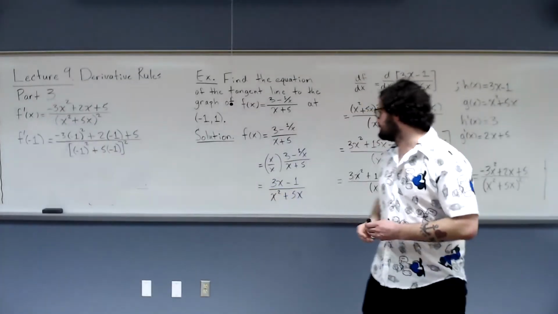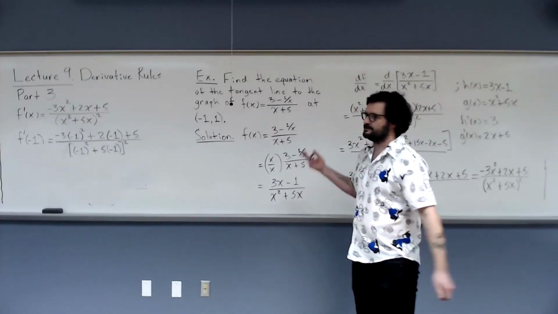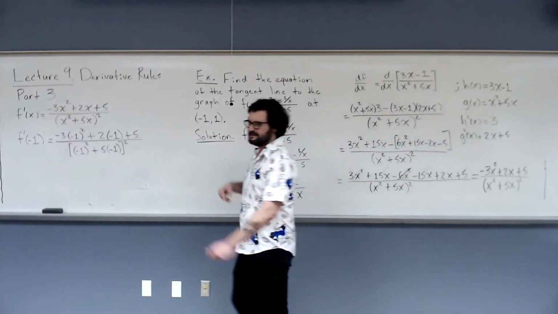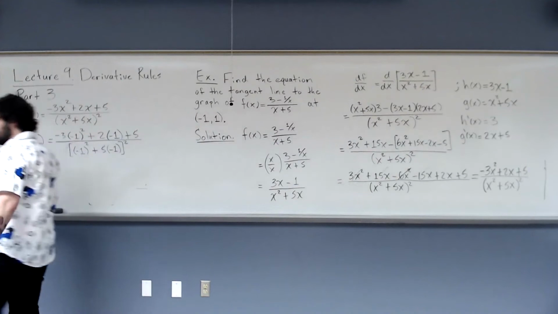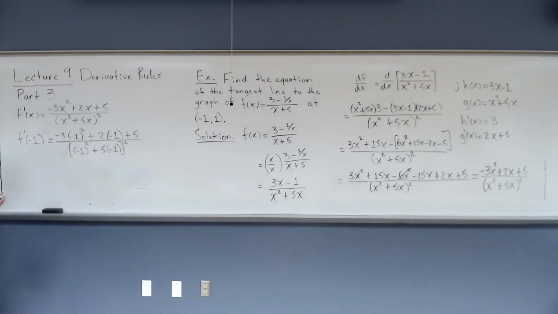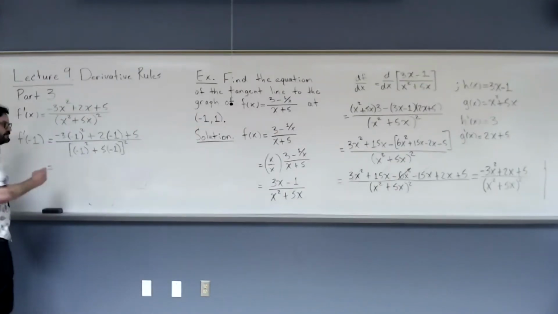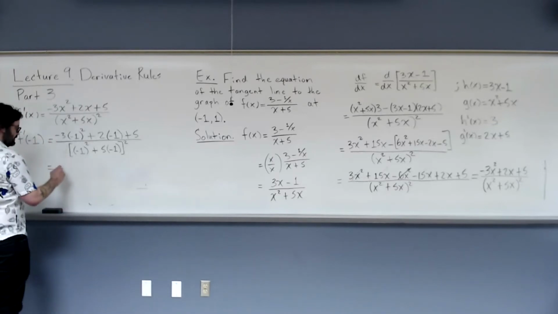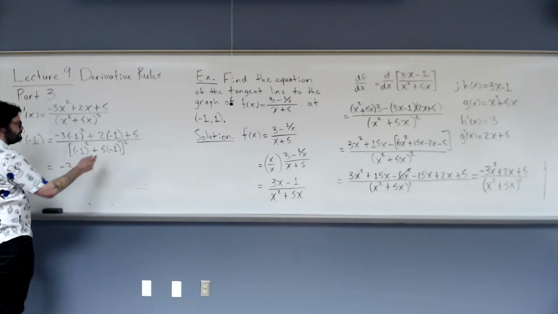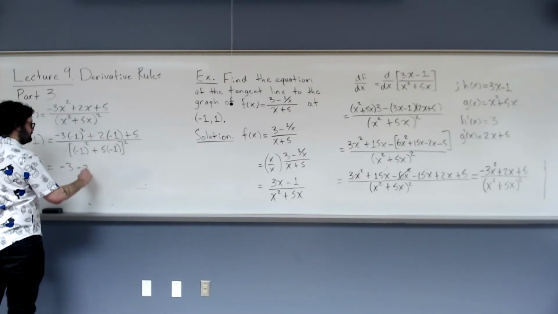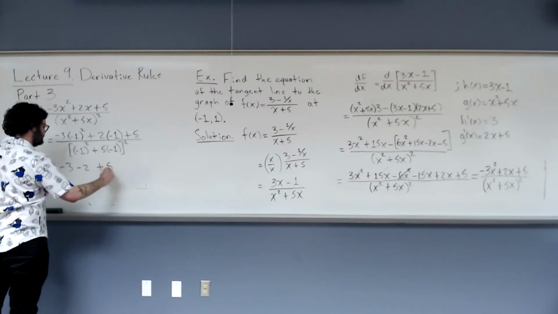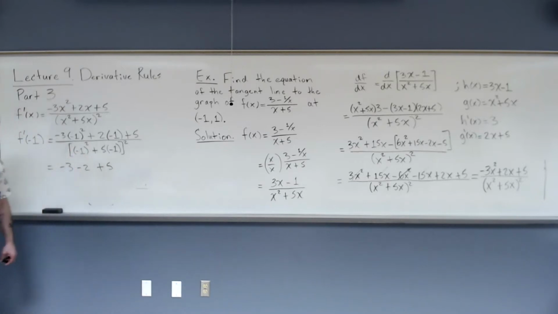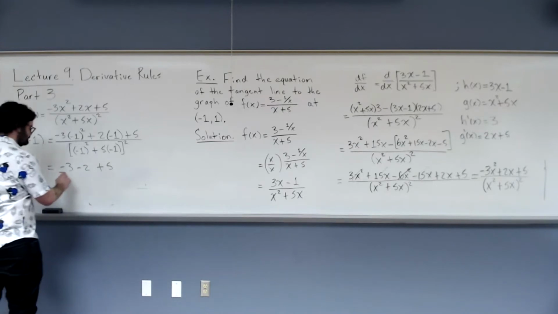I'm really happy that this example problem has a negative 1 and not a 7 or something, because it becomes cumbersome to calculate. But luckily we have a nice negative 1. So negative 1 squared is positive 1, so this is all equal to negative 3 minus 2 plus 5, equal to 0. I don't have to do anything else.